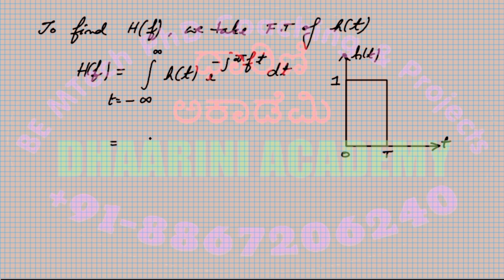Now I can make a modification. This is not minus infinity to plus infinity, it is 0 to capital T, and between 0 and T, h of t has a value equal to 1. So that is 1 into e to the power minus j 2 pi f t dt. This becomes a very simple integration for us.